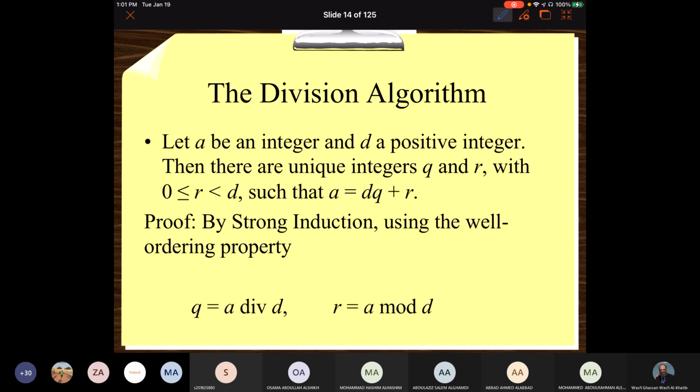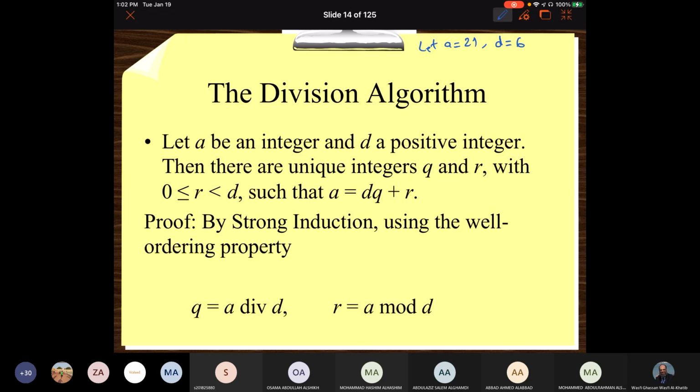So first, we would like to choose an integer A and a positive integer D. So let, for example, A equal 21, and let D equal 6. Okay, so A is equal to 21, D is equal to 6.